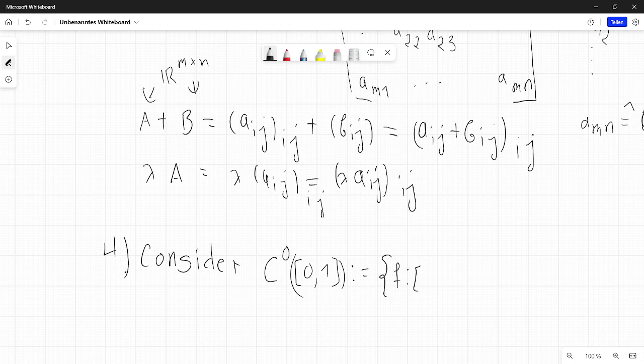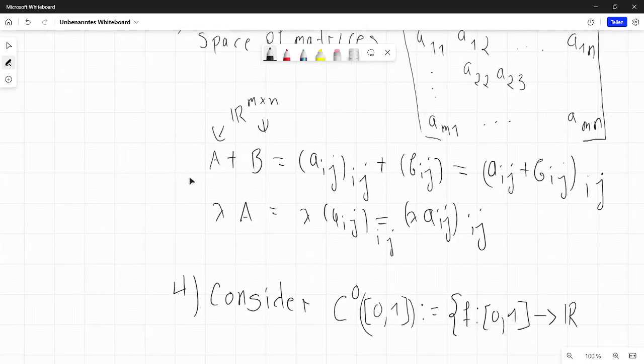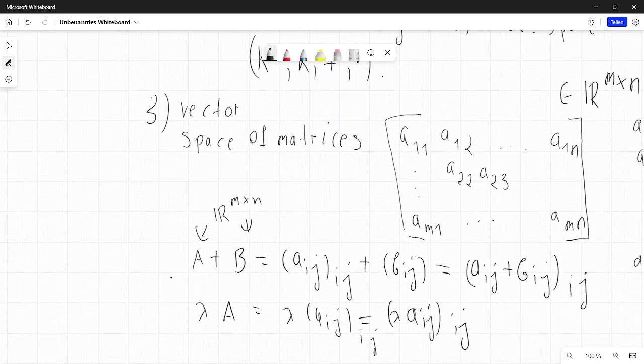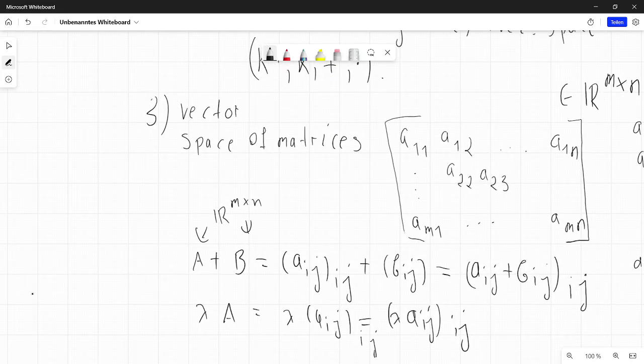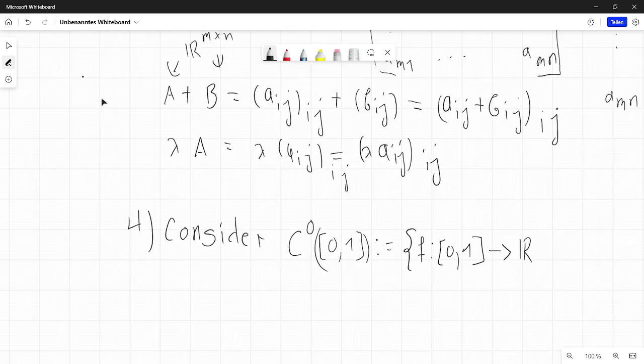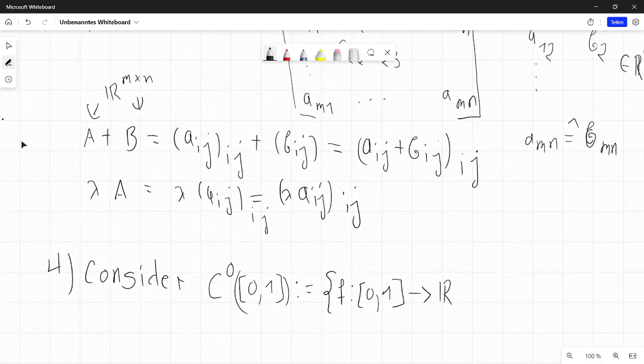There are just functions from 0, 1. By the way, for all vector spaces above and for vector spaces upcoming, you can check yourself that it is a vector space. It's really not difficult. It's actually just using the entry-wise addition, entry-wise multiplication. Nothing else is to be done there, right?